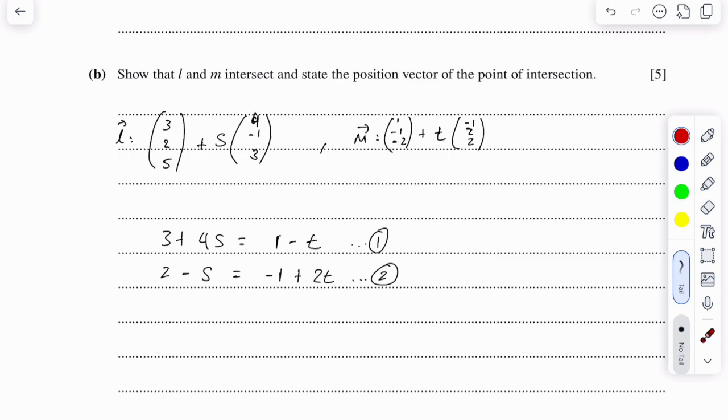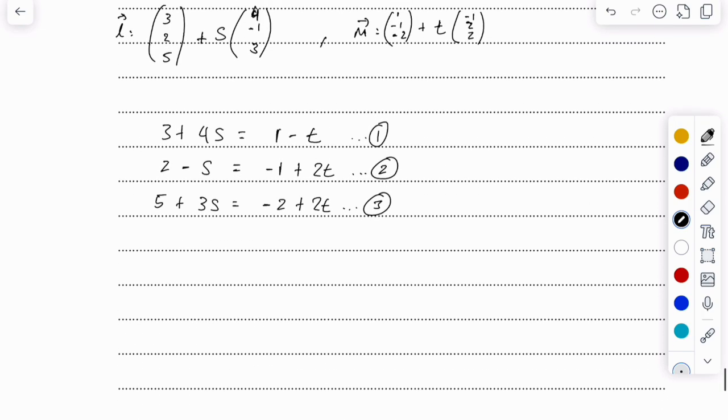Next, 5 plus 3s is equal to minus 2 plus 2t. Brilliant.